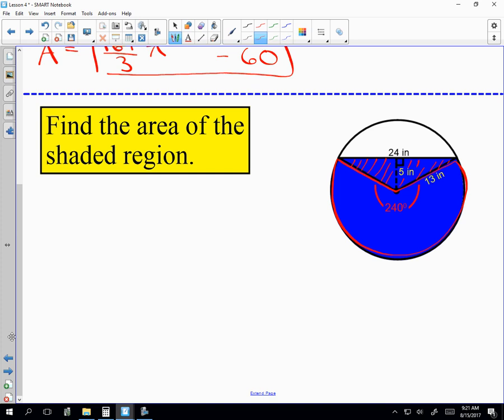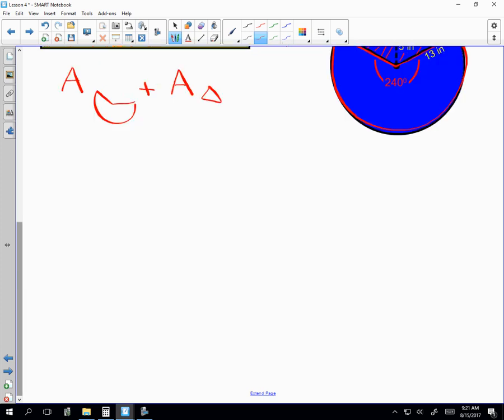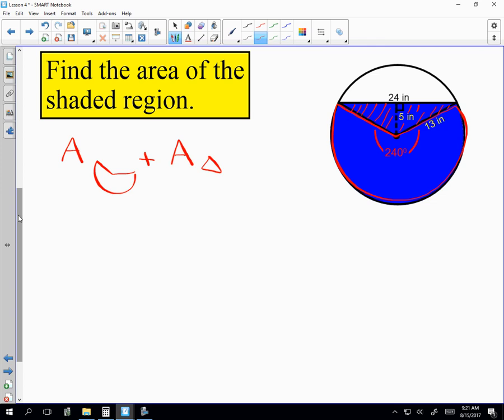So now instead of a takeaway problem, we're actually going to have two pieces that we're going to put together. We're going to put together the area of the sector plus the area of the triangle. And once again, we're just using our formula values to help us do that.